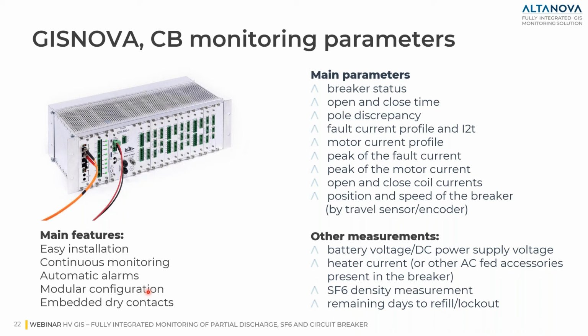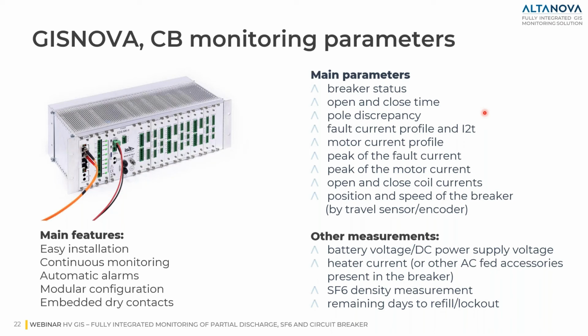The main parameters that we can handle with this unit are listed on the right. We have the breaker status, the open and close time, the pole discrepancy, full current profile, and I squared T, the profile of the motor current, peak or full current, and other parameters that are essential to understand the health status of the breaker.